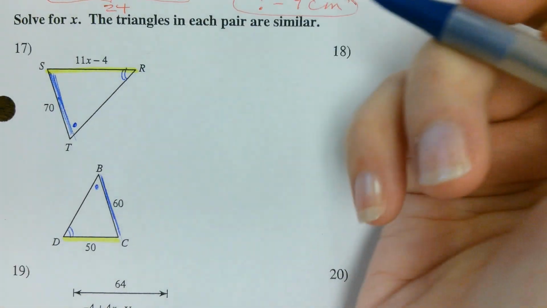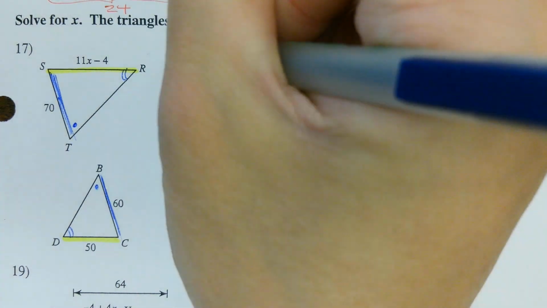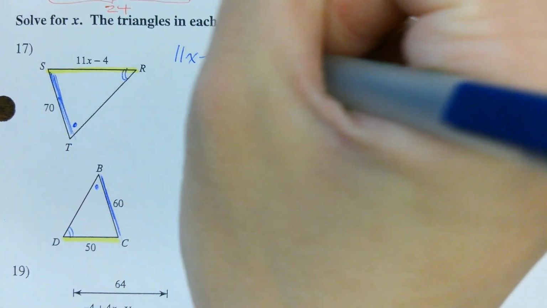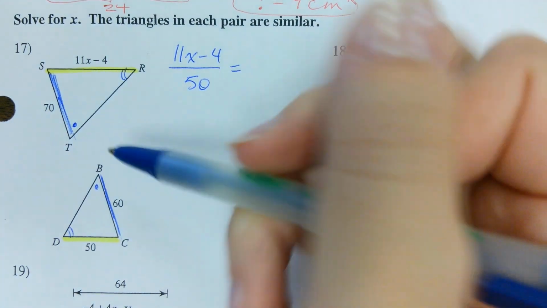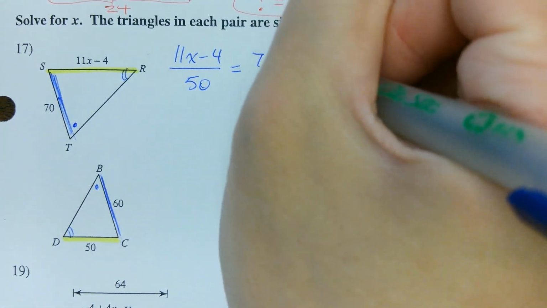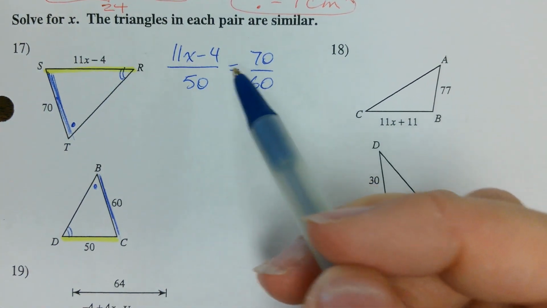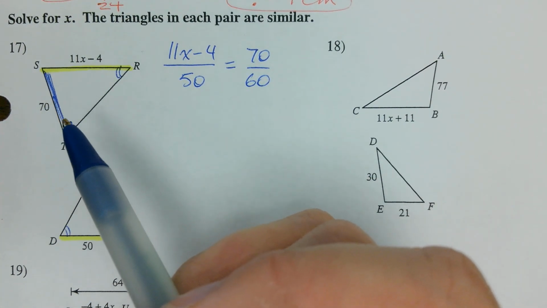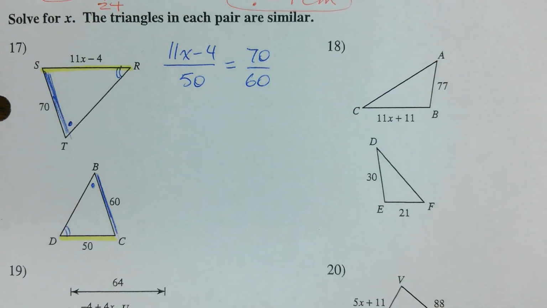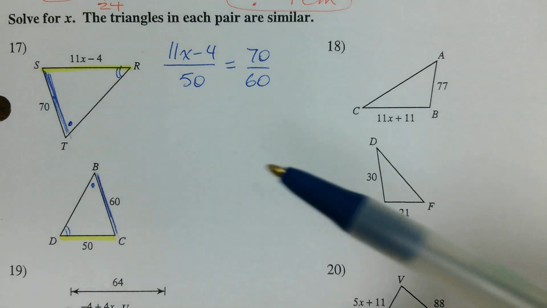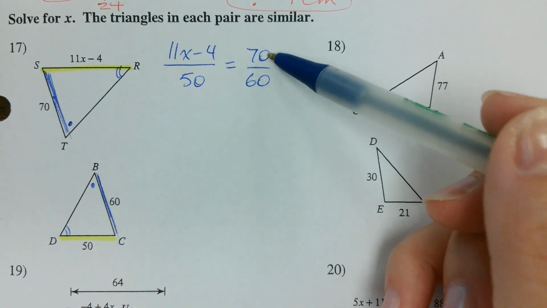Okay. And then you're comparing the highlighted line to the highlighted line. So 11x minus 4 over 50 equals the same ratio as 70 over 60. Remember, as I said earlier, the most likely mistake that people make, like 90% of the questions, is writing it in the wrong order.